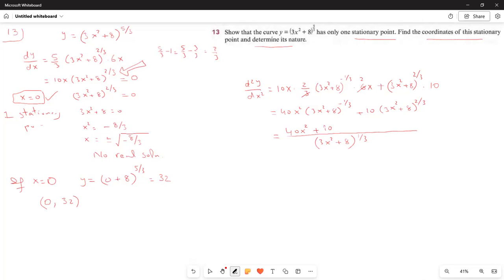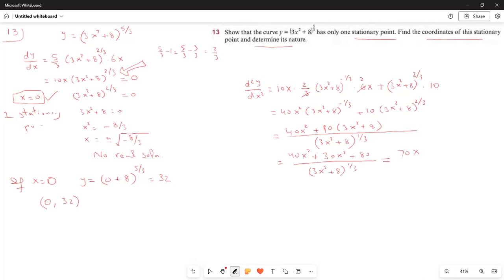So it will become 10 times (3x squared plus 8). If I simplify it a little bit, it is going to be 40x squared plus 10 times 3, which is 30x squared plus 80, divided by the same expression, (3x squared plus 8) to the power 1 by 3.